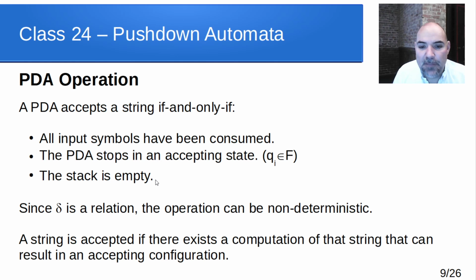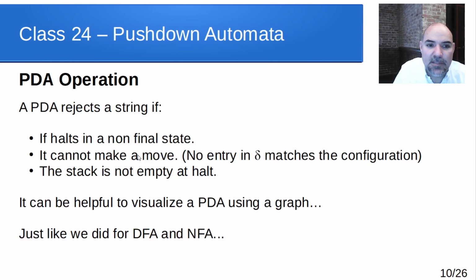So a string is accepted if there exists some computation of that string, meaning a way of processing that string, such that it can result in an accepting configuration that looks like this. Now, the converse of that is a string that gets rejected if it halts in a non-final state. It can't make a move.